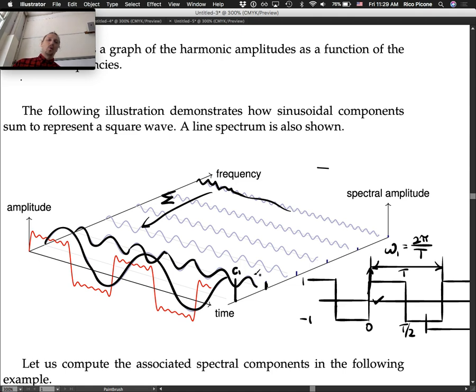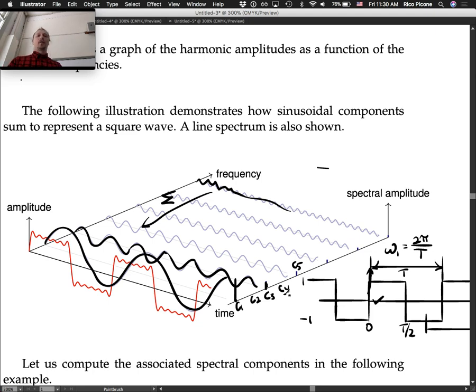So C1, actually I'll put it below, C1. And then C2 is 0, so that's not really included in this. C3, C4, and then C5. So that's as far as we computed, C5. And we could keep computing from there.